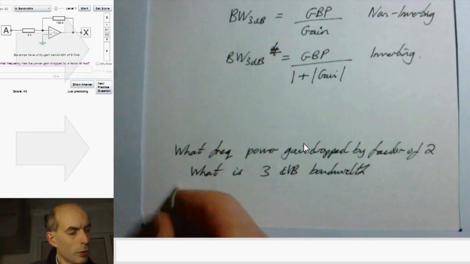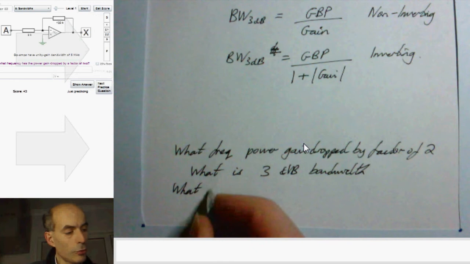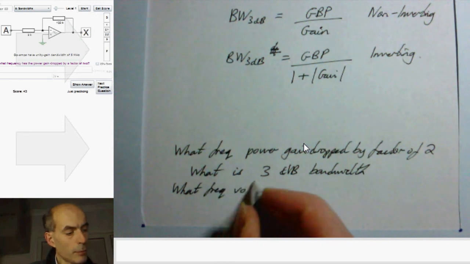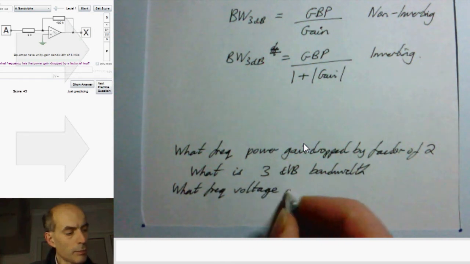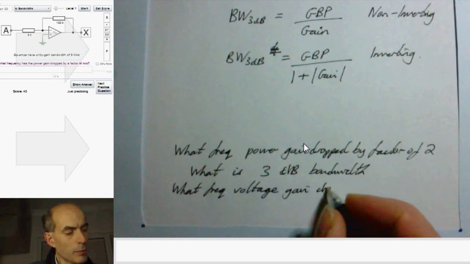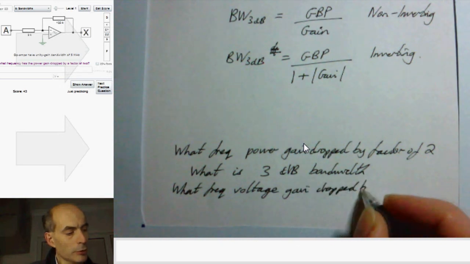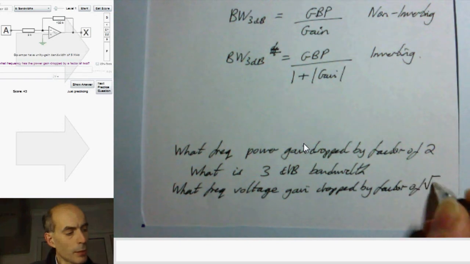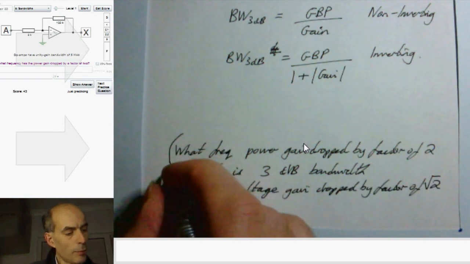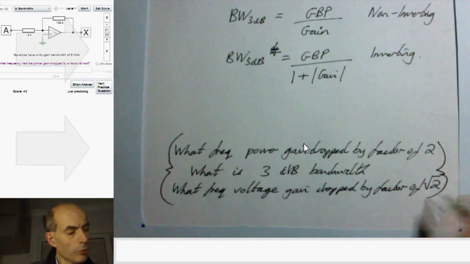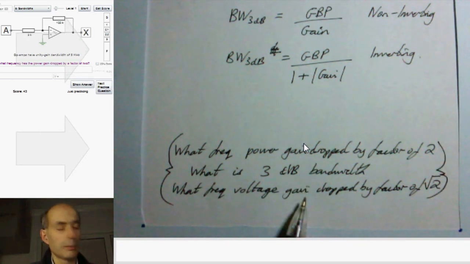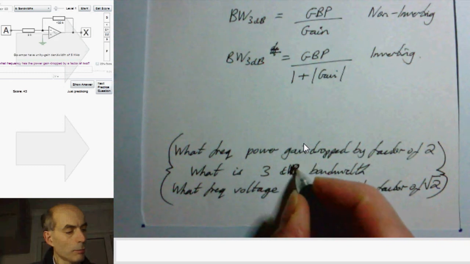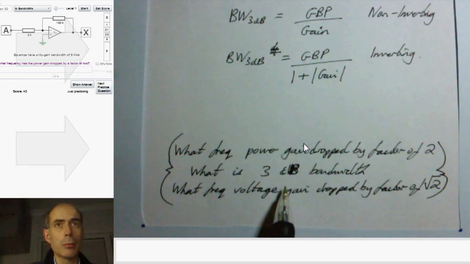And we could also be asked, and some questions do, what frequency has the voltage gain dropped by a factor of √2. And it's important to know that all of these questions are asking the same thing. They're all asking what the 3 dB bandwidth is.